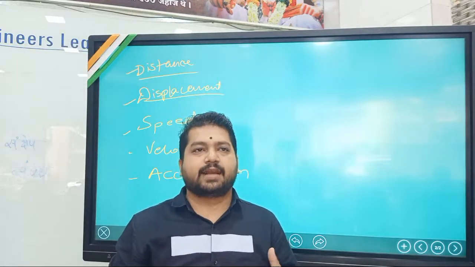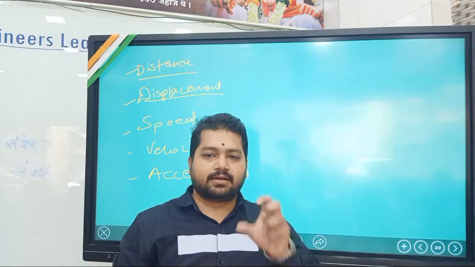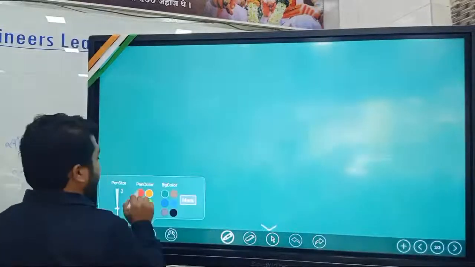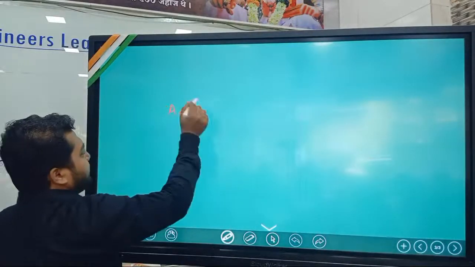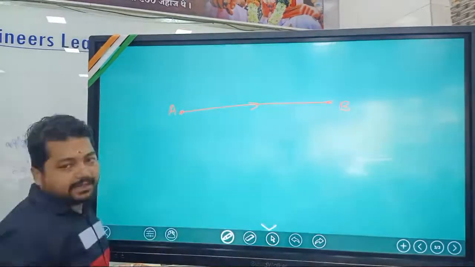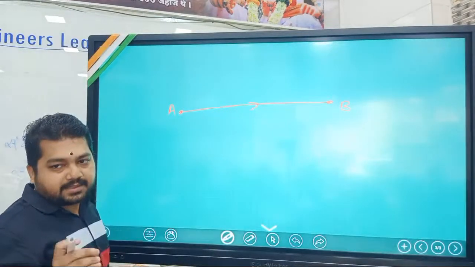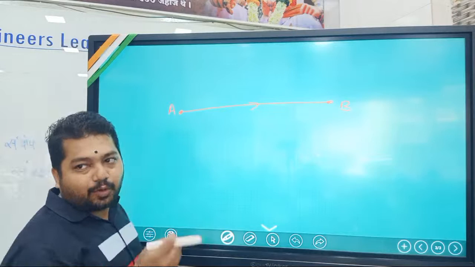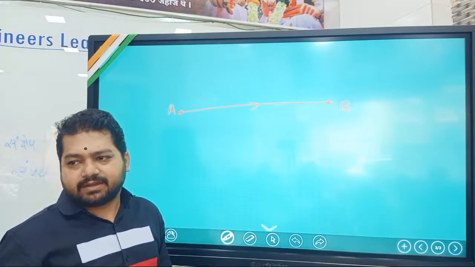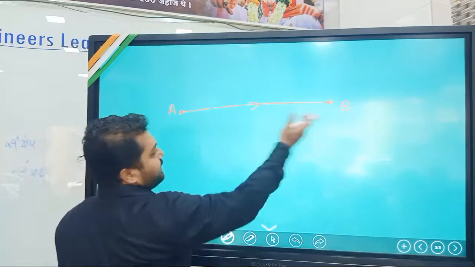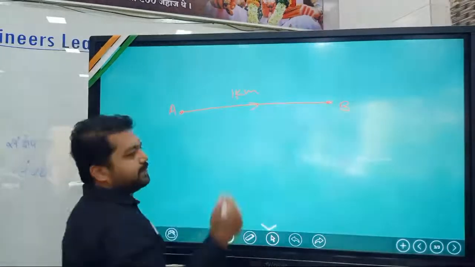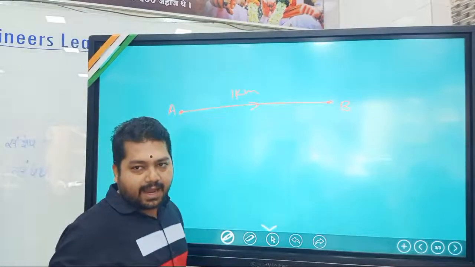But if I ask, a person started his journey from position A to position B, right? A person started his journey from point A to point B. Then you will straight away say that, sir, the distance traveled is A to B. That can be 1 kilometer, 10 kilometer, meters, and so on.